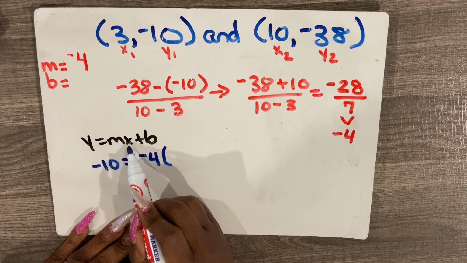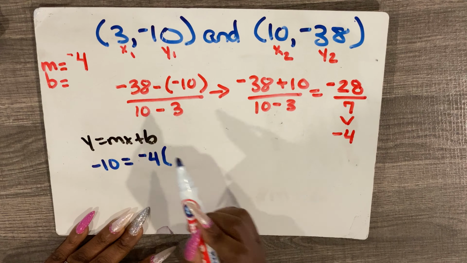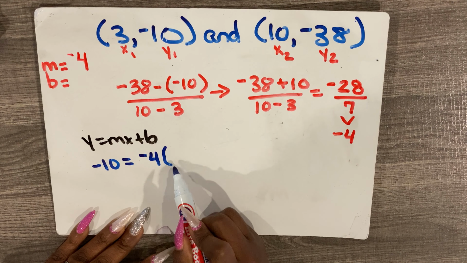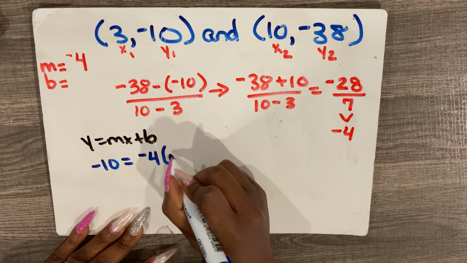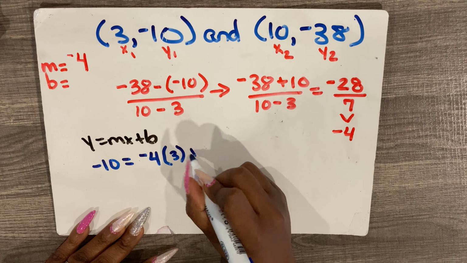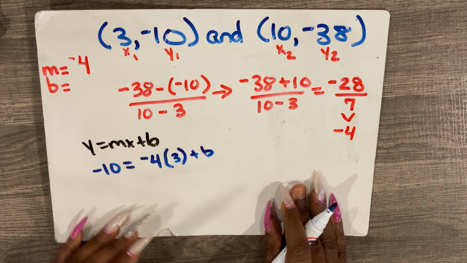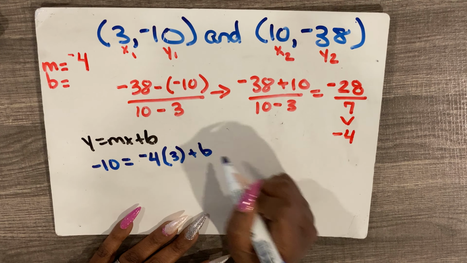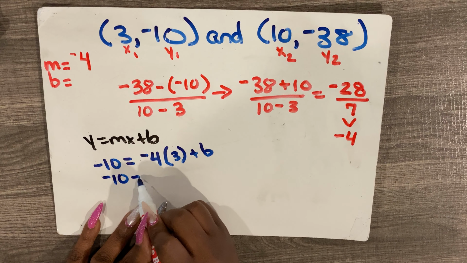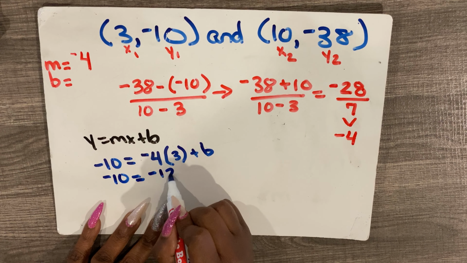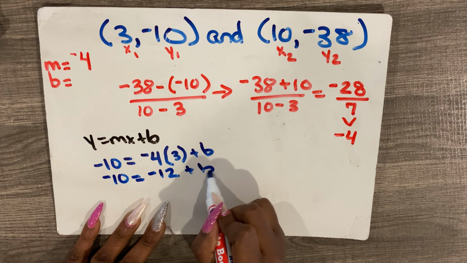When you have this and this together, that means you're multiplying them. That's what my parentheses mean. So instead of putting the letter x, I'm putting a 3 plus b, because I don't know what that is yet. So then I have negative 10 equals negative 12 plus b.